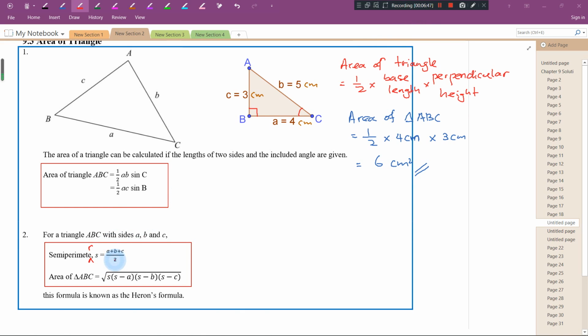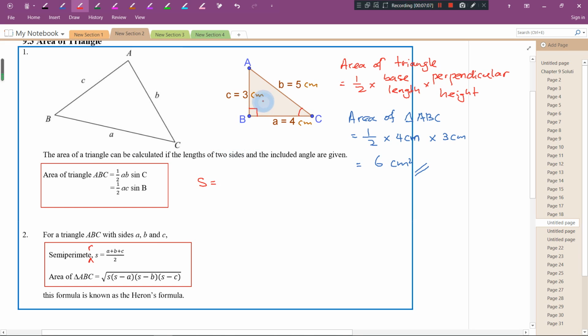This formula we call Heron's formula. You will see S here. S is the semi-perimeter, which means you take the perimeter of this triangle divided by 2. If we use this formula, we need to find S first.